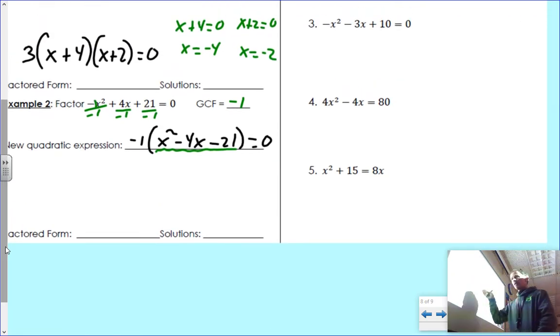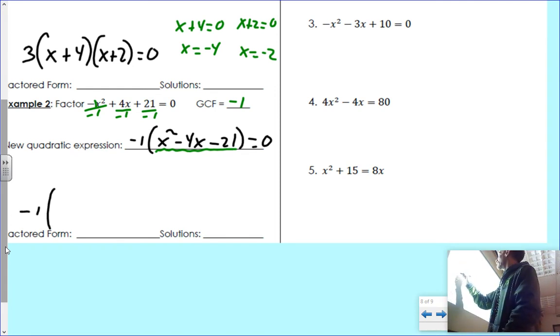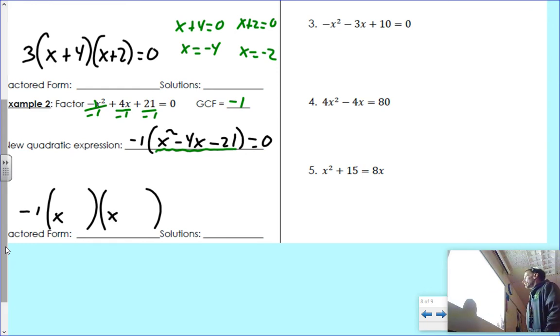So how do you multiply to be negative 21, and that same pair of numbers adds to be negative 4? Well, the pairs that multiply to 21 would be 1 and 21 or 7 and 3.